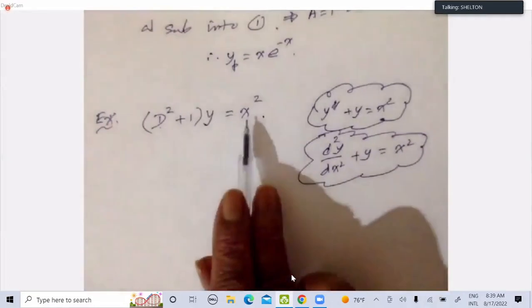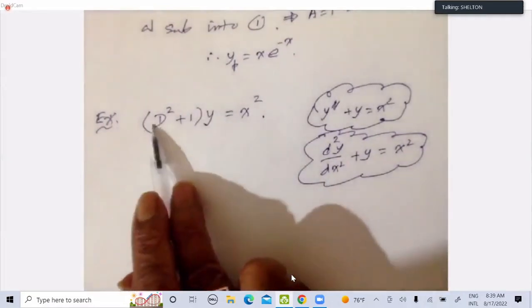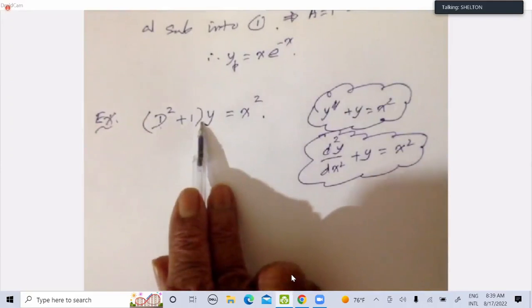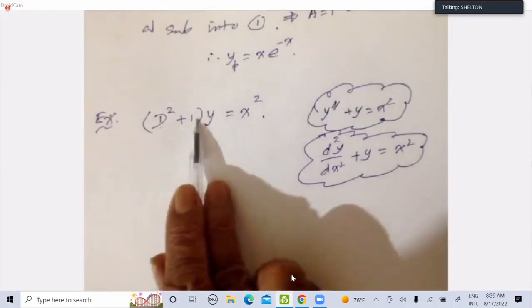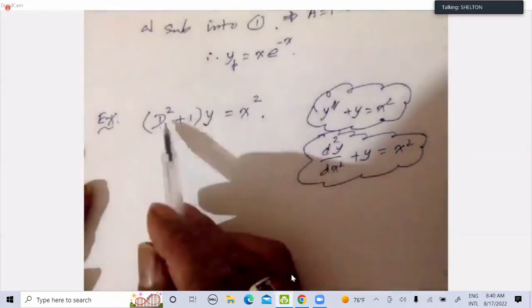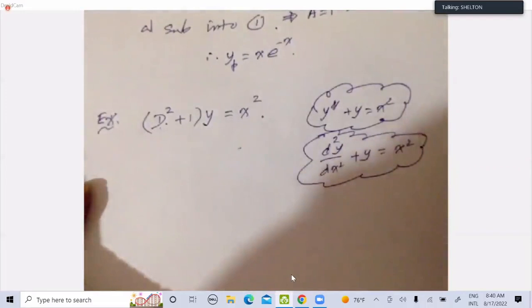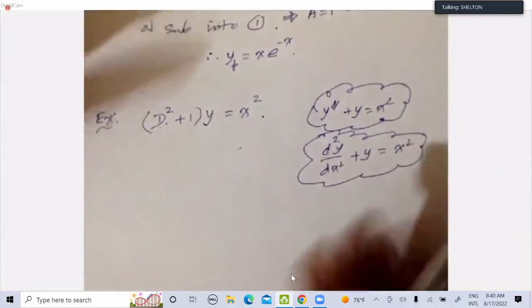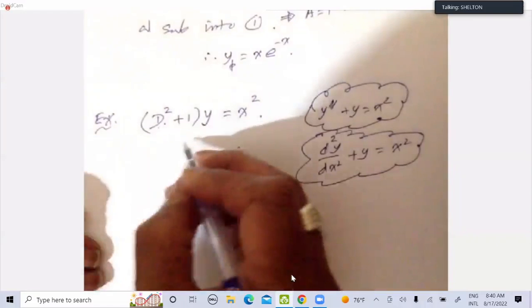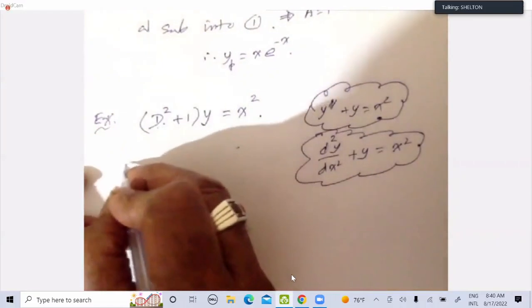When it is non-homogeneous, this form is good because we need to get the particular solution. To get the particular solution, we have to write it this way anyway. If you are guessing, any form is okay. But for the yp, 1 over f of D method, you need this. Now, what is yc?